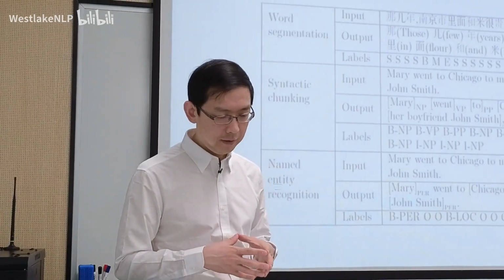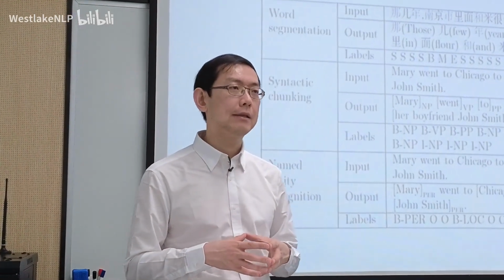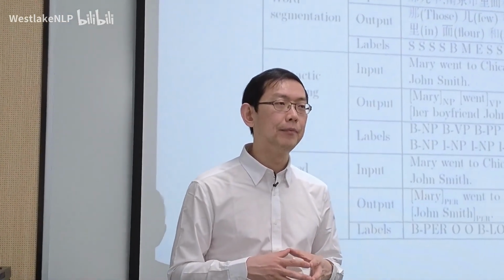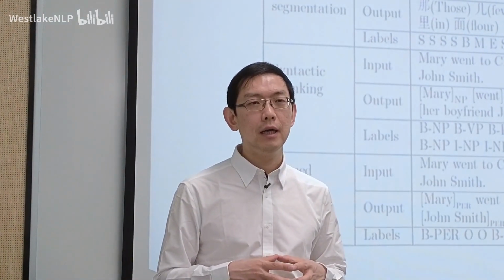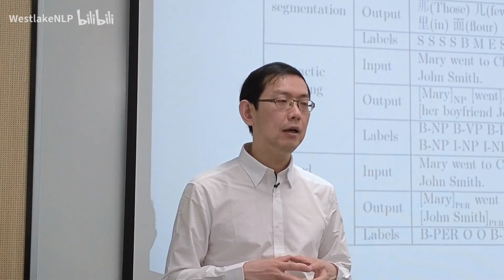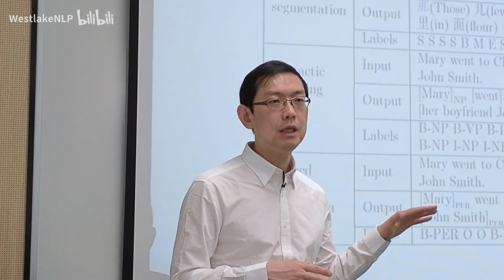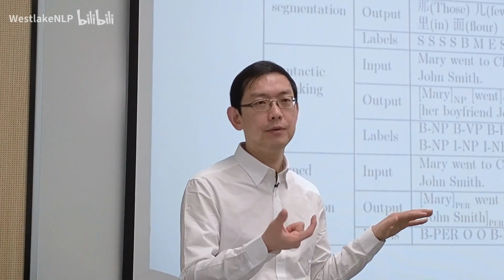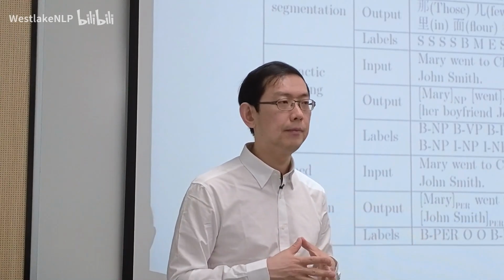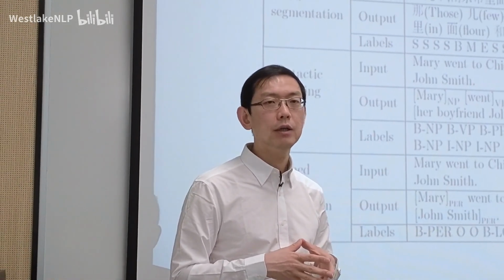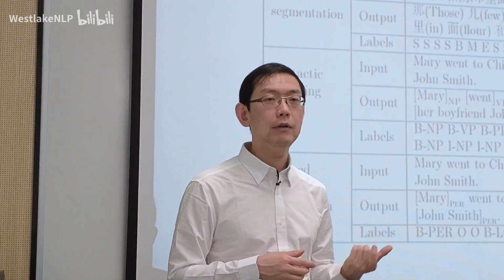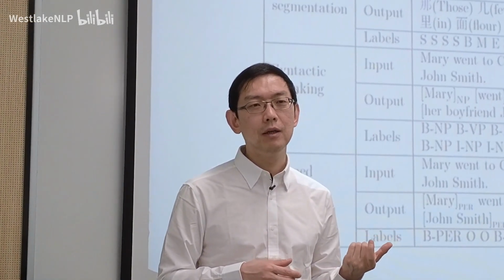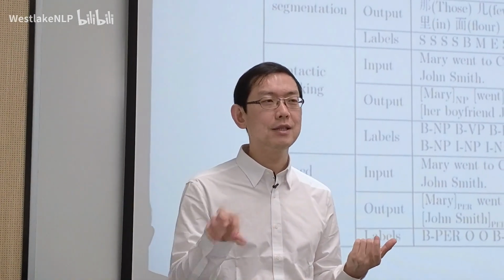So these are 3 different tasks for sequence segmentation, and you can see that they have subtle differences. For word segmentation, you don't have segment labels. You just need to segment the sentence. For syntactic chunking, you have labels. And for named entity recognition, you not only have labels, but you also have some non-segment words.